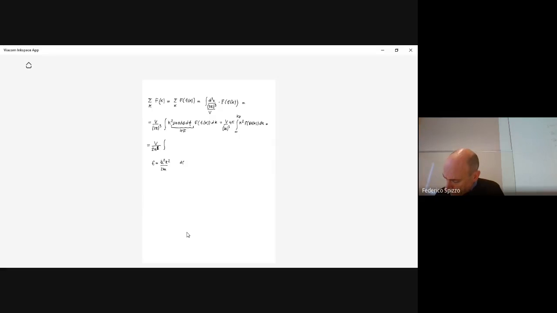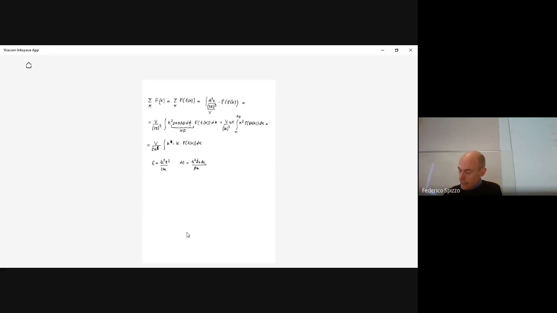And I also have to consider that, for replacing dk with dE, dE is equal to h bar to the power of 2, 2k dk divided by 2m. So if I write k squared as k times k, then I have f of k dk.